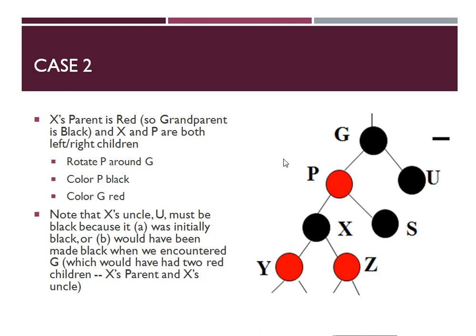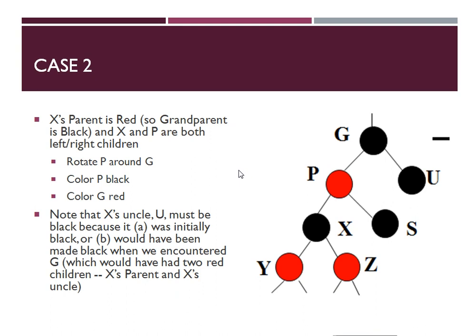Okay, so here we need to do some rotation. So rotate around G. Considering these three here, we will do some rotation and then color P as black. After doing rotation, you need to color P as black and then color G as red.